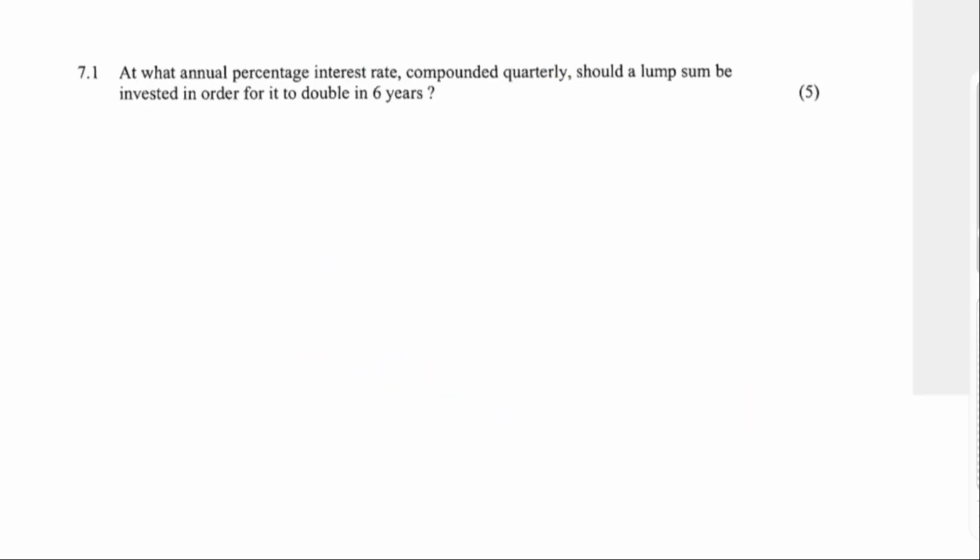So let's take a look at another example. At what percentage interest, so we want to get I, compounded quarterly, should a lump sum be invested in order for it to double in 6 years? So here we are investing money and we are compounding quarterly.